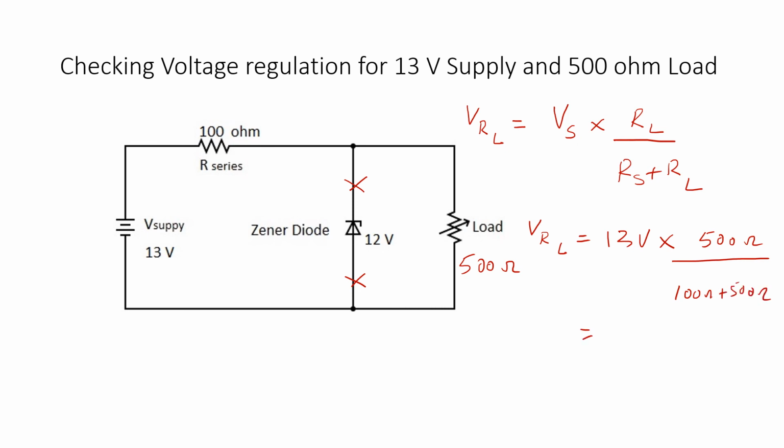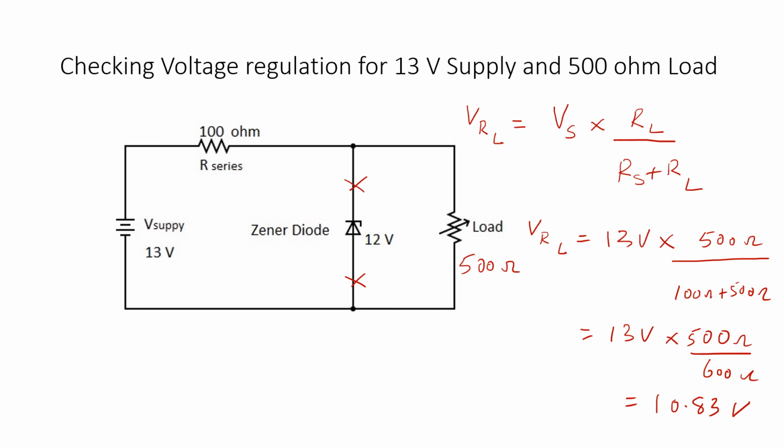That is equal to 13 volts multiplied by 500 ohms divided by 600 ohms, and that works out to 13 multiplied by 500 divided by 600 equals 10.83 volts. So with 10.83 volts across here, this circuit will not regulate.